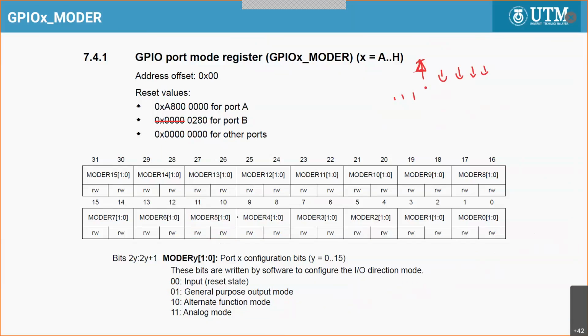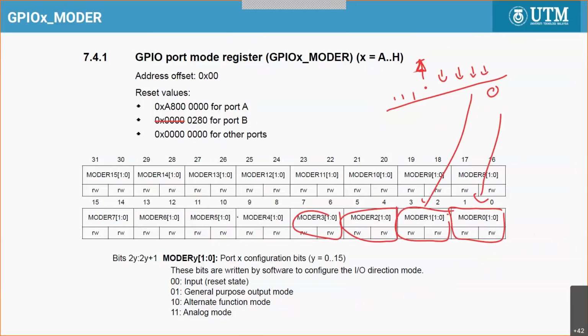Oh, okay. So yeah. So these two bits control pin 0. Okay. So pin 0, this bit, pin 1, these two bits, pin 2, pin 3, pin 4, pin 5. So this is pin 5. Okay. So one pin but two bits to control. So if you look at the bit position, this is position 10. Okay, position 10. So you have to put 1 0 at this.